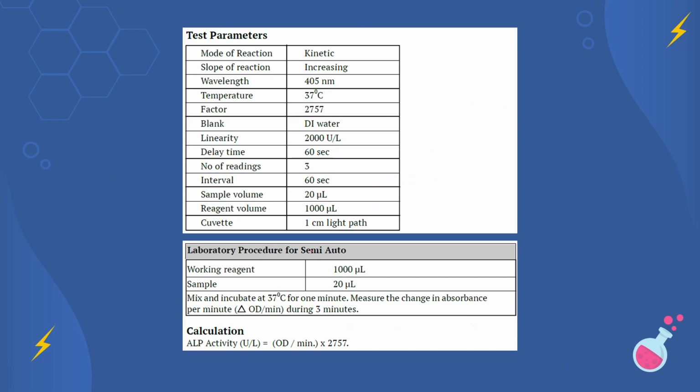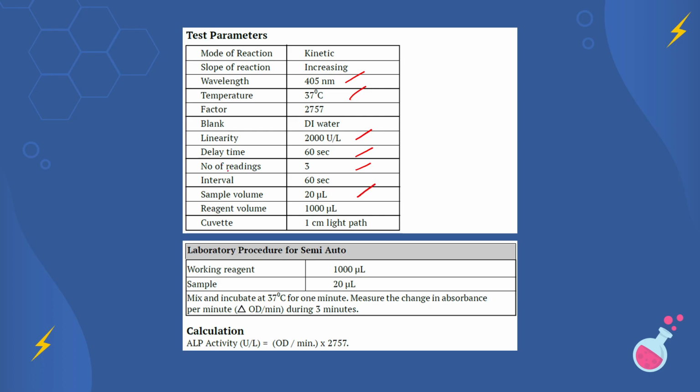So for your test parameters, wavelength is 405 nm, temperature is 37 degrees Celsius, linearity can be measured up to 2000 U per liter, with 3 readings, every minute, every 60 seconds.